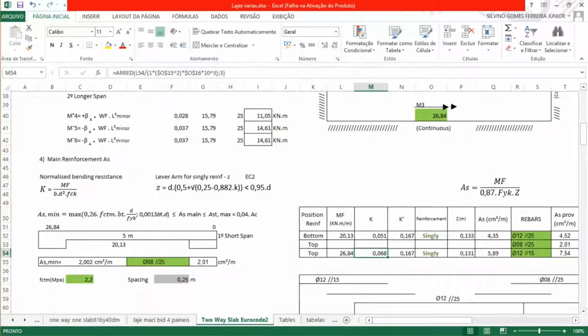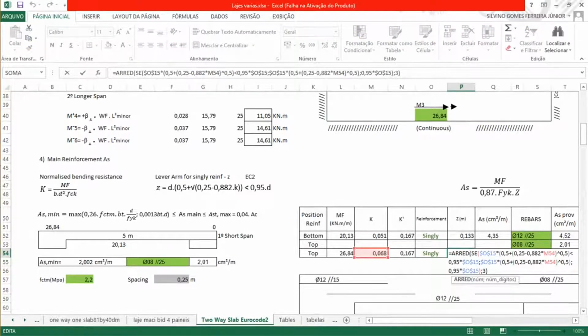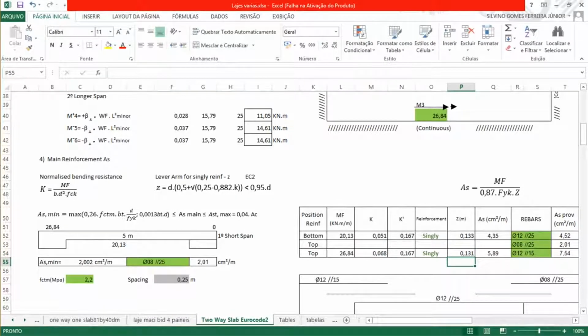The K, so the moment is what is changing here, and this K will be less than the 0.167 of the K limit to be singly reinforced, of course. The lever arm calculated by this K will be 0.13331.